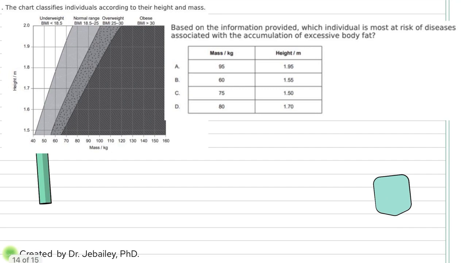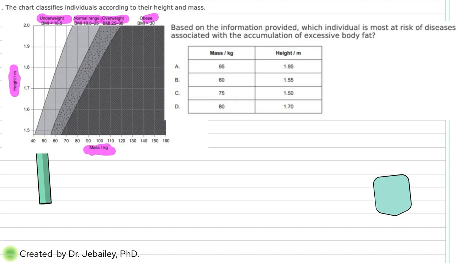So then we have the next question here. And this one goes back to BMI. Okay, and you can see it's another graph here. So it's showing now in this type of BMI, it has the height and the mass. Okay, and then it has here the ranges: overweight, obese, normal. Now it says, based on information provided, which individual is the most at risk of disease associated with accumulation of excess body fat?